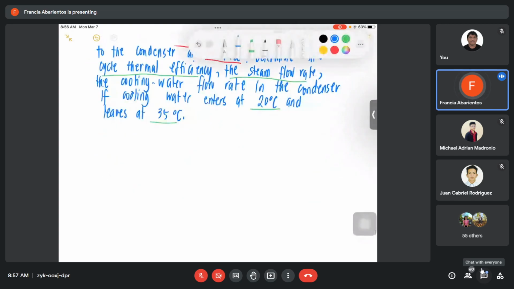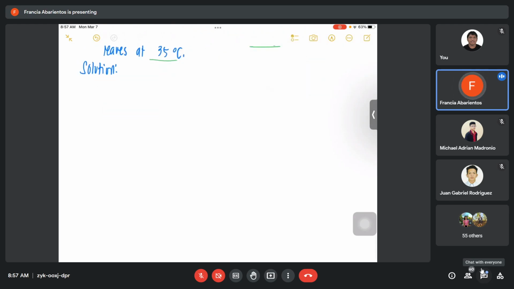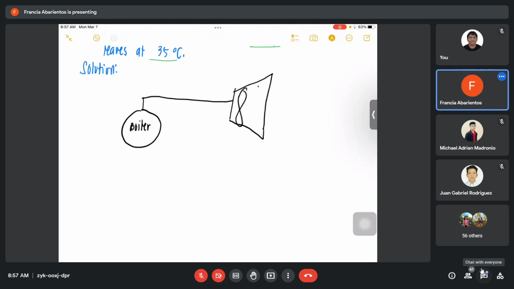To represent this, ulitin ko lang yung schematic diagram natin. We have the boiler. We have the turbine. All throughout this year's class, parang masasaulo nyo na to.